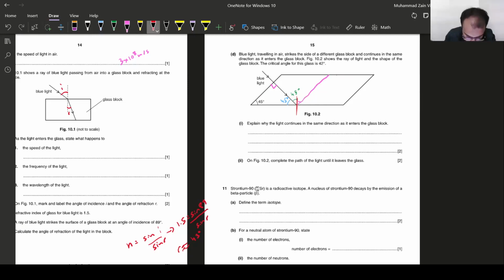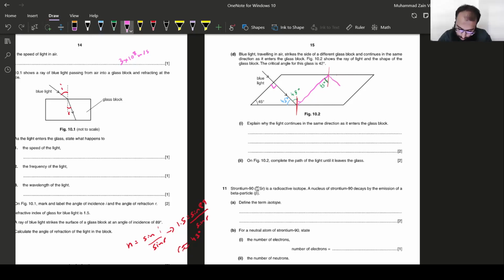This would be my light ray, and again the angle which it makes with the normal here would be equal to 45. The same reasoning would apply, and there would again be internal reflection.